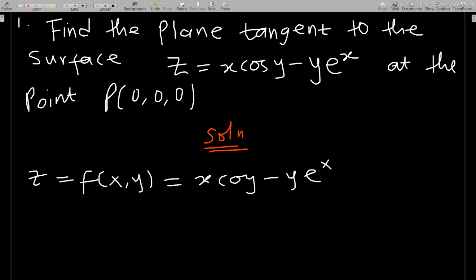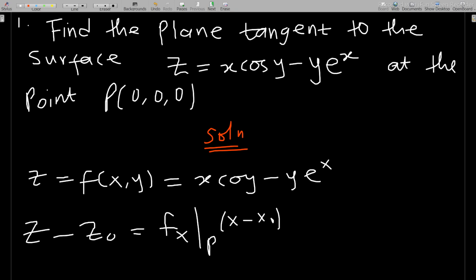The formula we'll use here is z minus z naught equals f_x evaluated at the point P, times x minus x naught, plus f_y evaluated at P, times y minus y naught.